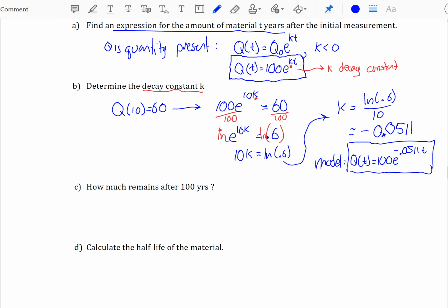Okay. Our question: how much will remain after 100 years? Here we want to figure out what is Q of 100. So let's evaluate our function at 100.